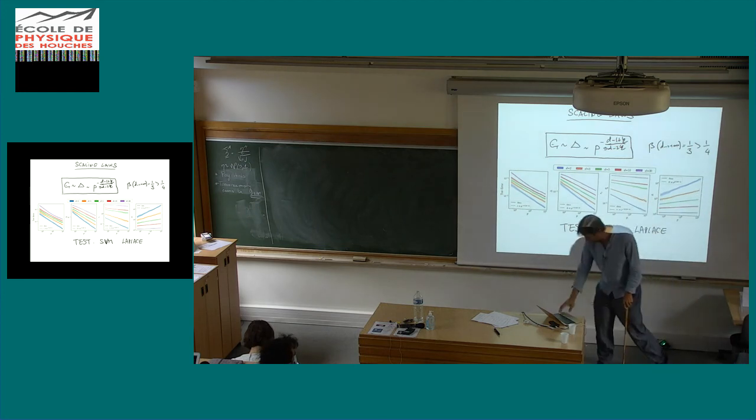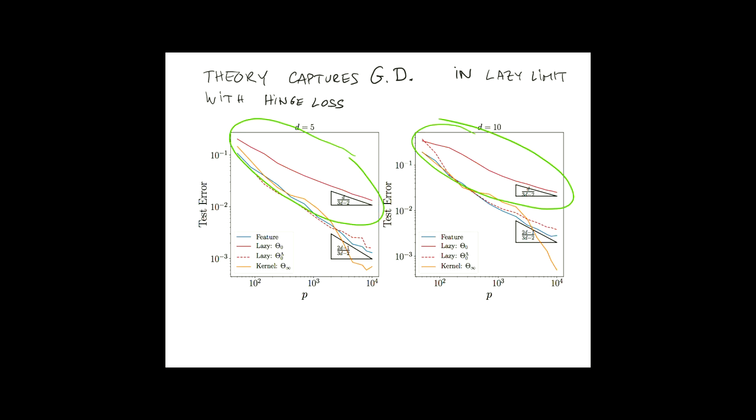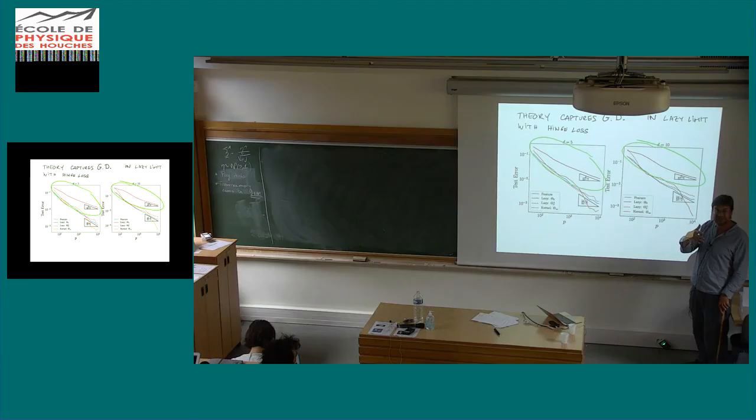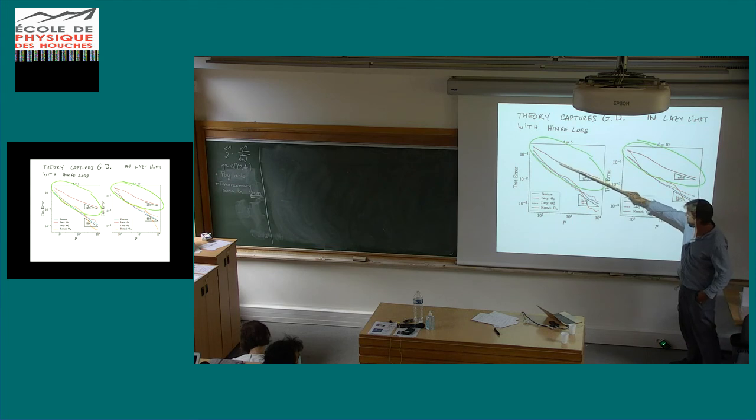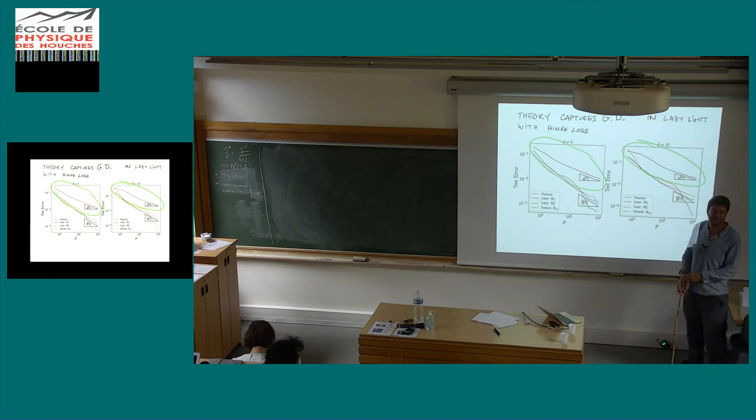But now I can go back to the same model, but learned by a network in the kernel regime. And this is the curve I showed you before. And this is our prediction for the exponent that seems to be close to what we see. Okay? So we understand this part of the curve. So now we'd like to understand why feature learning is doing better and how much better it's doing.